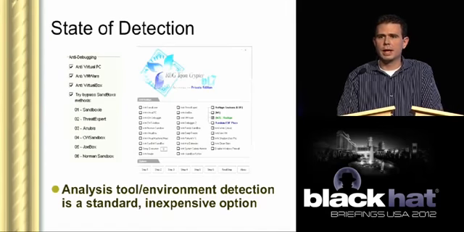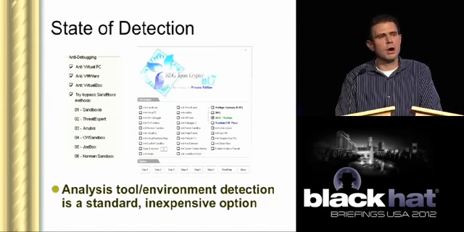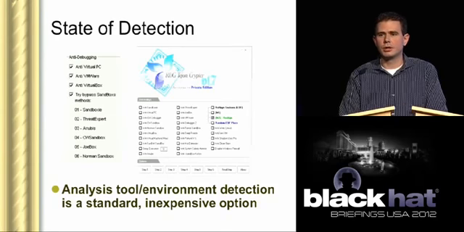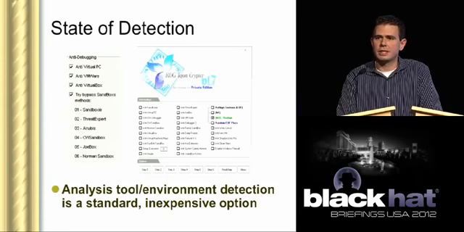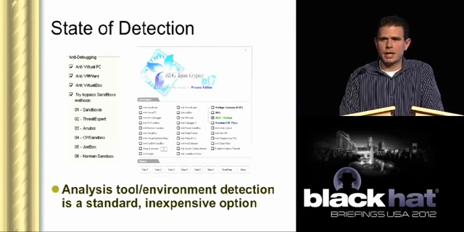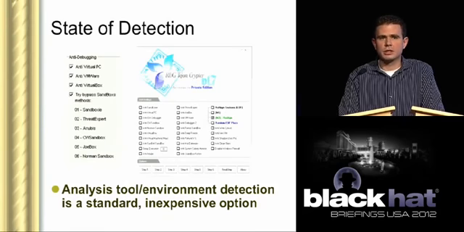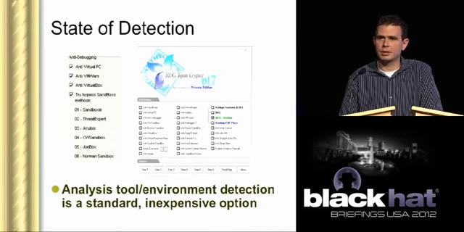As an example, you could PayPal $50 to rdgmax@gmail.com and get a copy of RDG Tejon Cryptor, which, as you can see from the screenshot, contains detections for about 15 different virtualization containers and analysis environments. So the point of these screenshots is that malware analysis environment or tool detection is now a standard and commoditized feature. It no longer takes the technical expertise it once did, and it's very accessible.